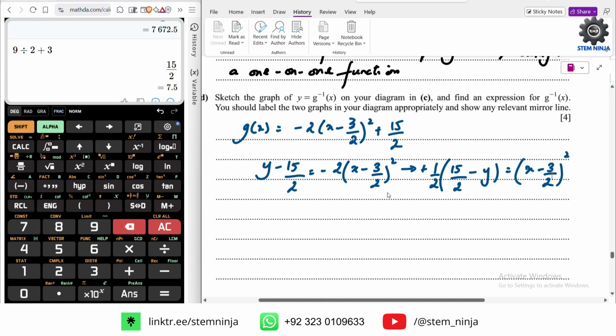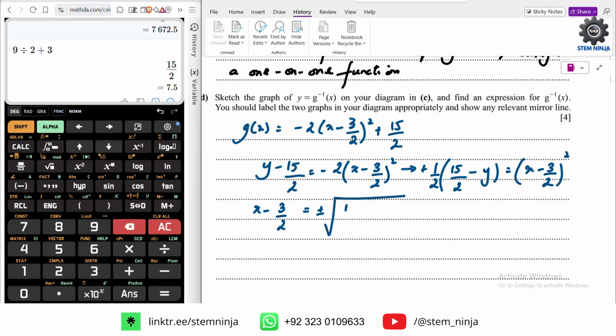Now when we take the square root, you will get x minus 3 over 2 equals plus or minus the square root of one half times 15 over 2 minus y, and 3 over 2 goes on the other side.